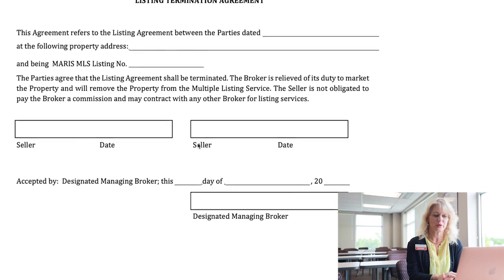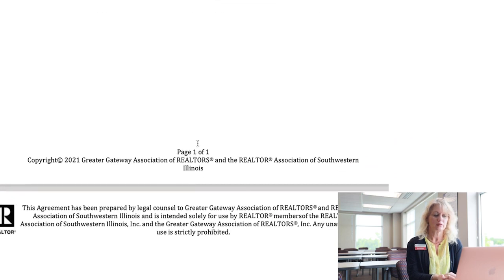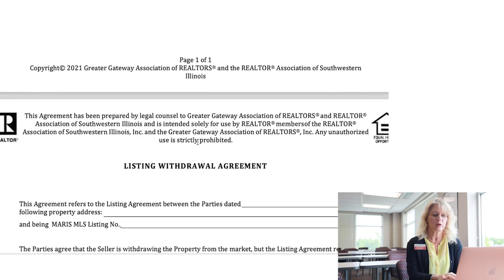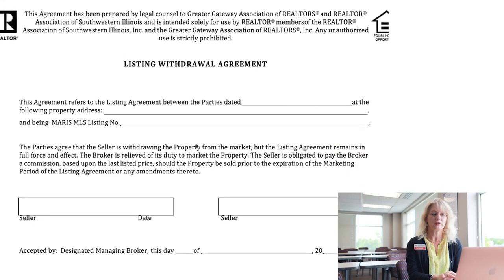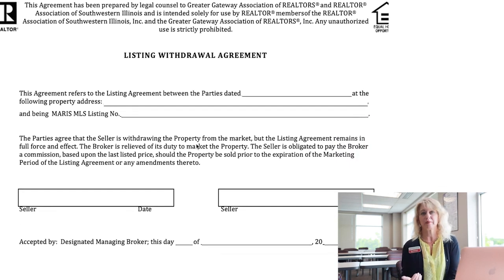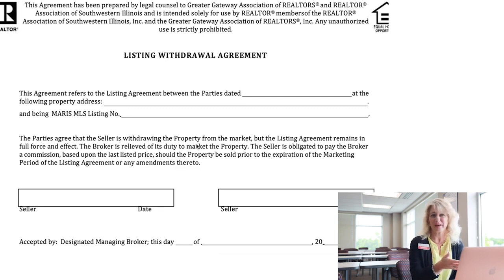Now there's another form called the listing withdrawal. The listing withdrawal pulls the listing off of Maris and out of public marketing, but the seller would still be obligated to pay Keller Williams Marquis, and thus you, the commission that was agreed upon if the property is sold within the marketing dates, or if the property was shown to somebody prior to the listing expiring.